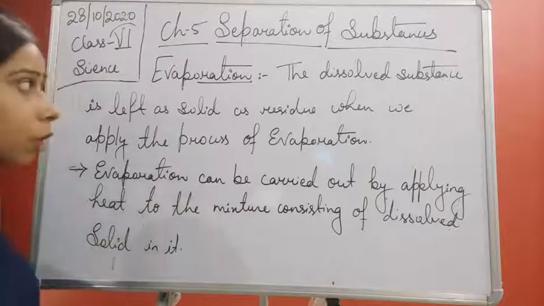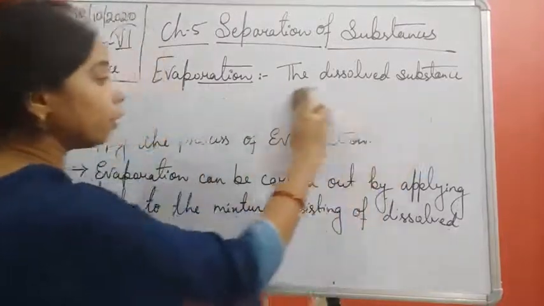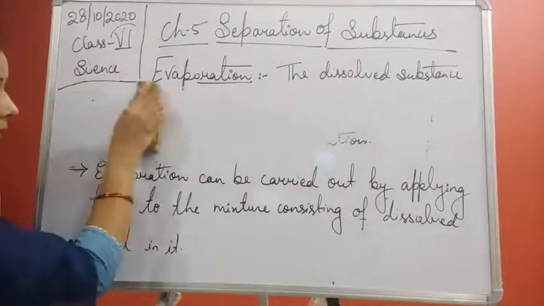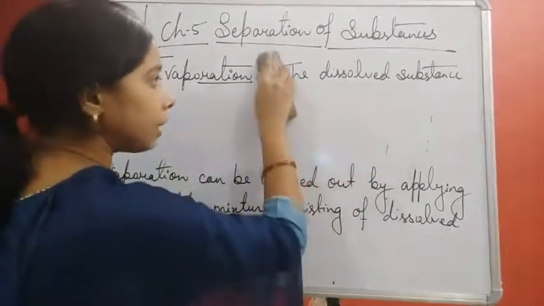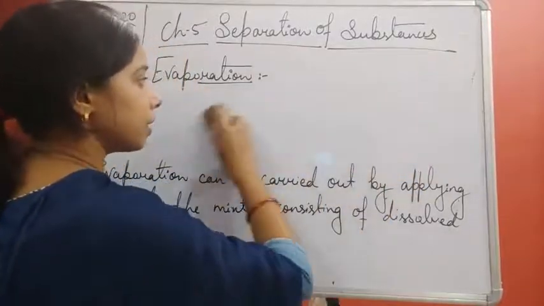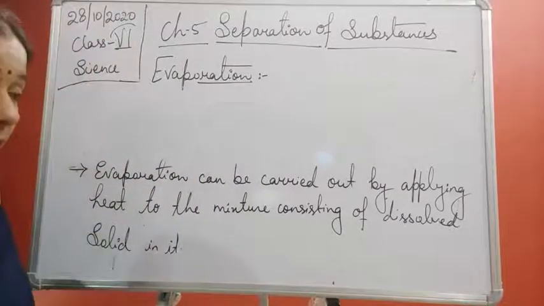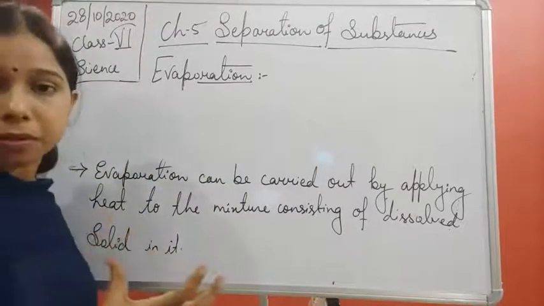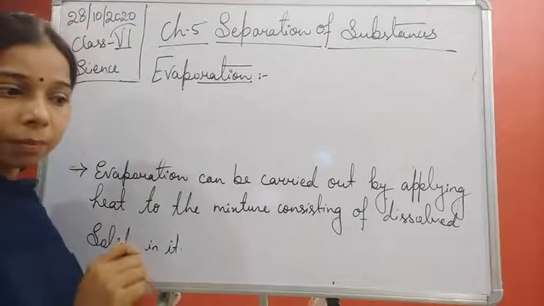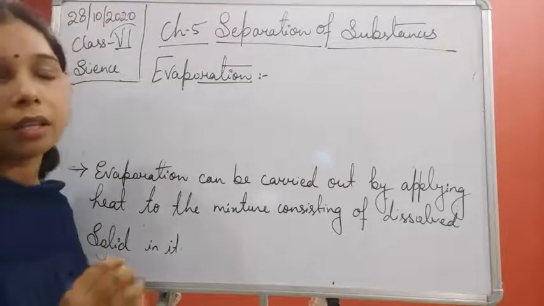Now by this, student, one more thing comes up: what will happen if you increase the heat? You see student, we can understand with the help of an example. If your mother is boiling water, and she is applying a very little amount of gas to it, then what will happen?